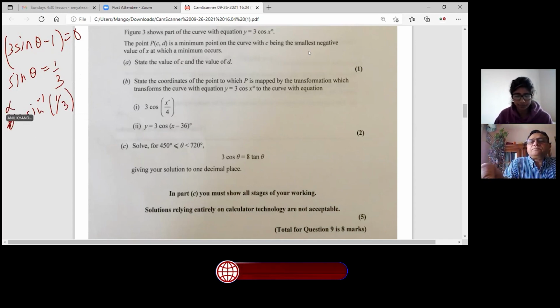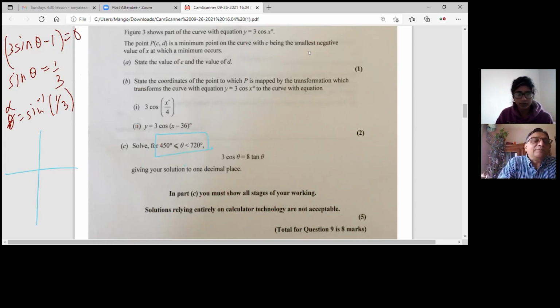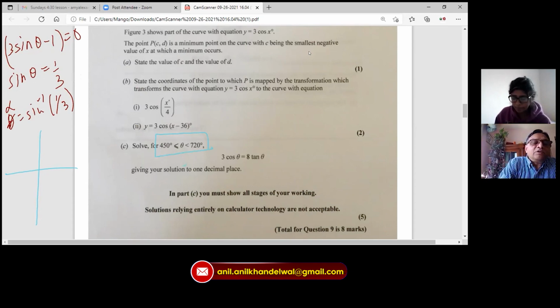Because the answer is not in that particular domain, we are looking into the domain from 450 to 720, further ahead. So we got one of the solutions, which is 19.47, so 19.5 degrees I'll write.